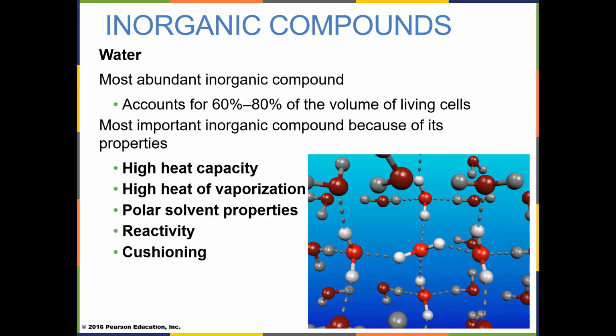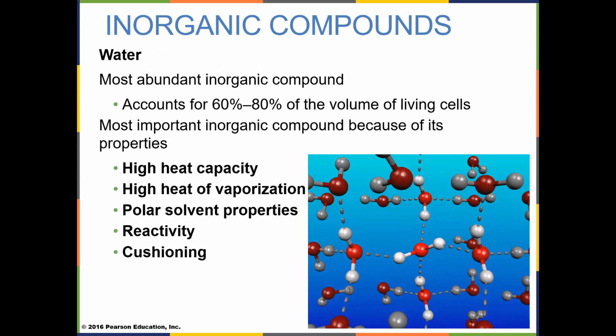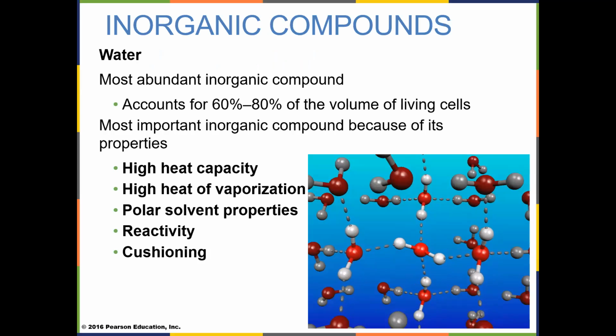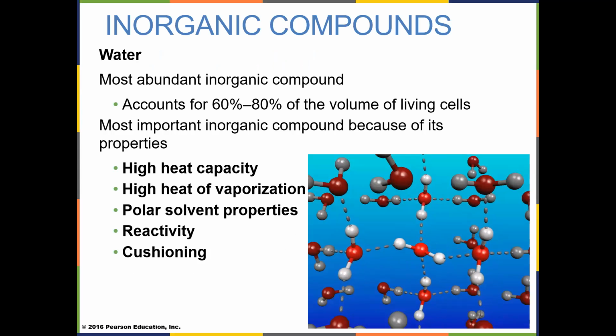Water is the largest inorganic compound in our bodies, making up about 70% of our body. When we're infants, it's closer to 80% or more. Elderly people have probably around 60% or even less. So that explains why they get wrinkles, because they lose body water over time, and so their skin becomes more wrinkled.